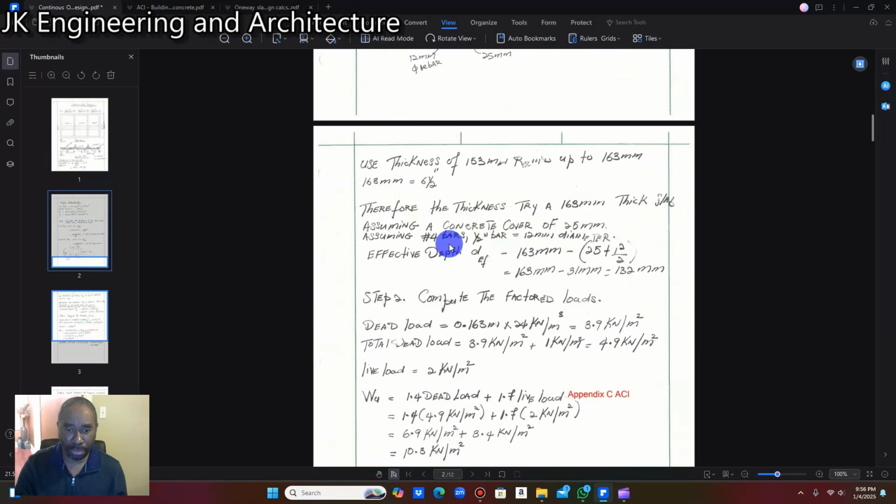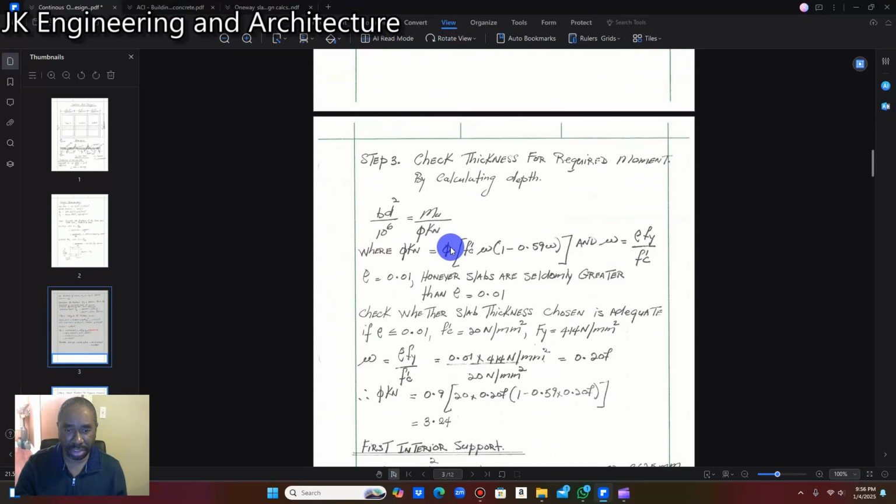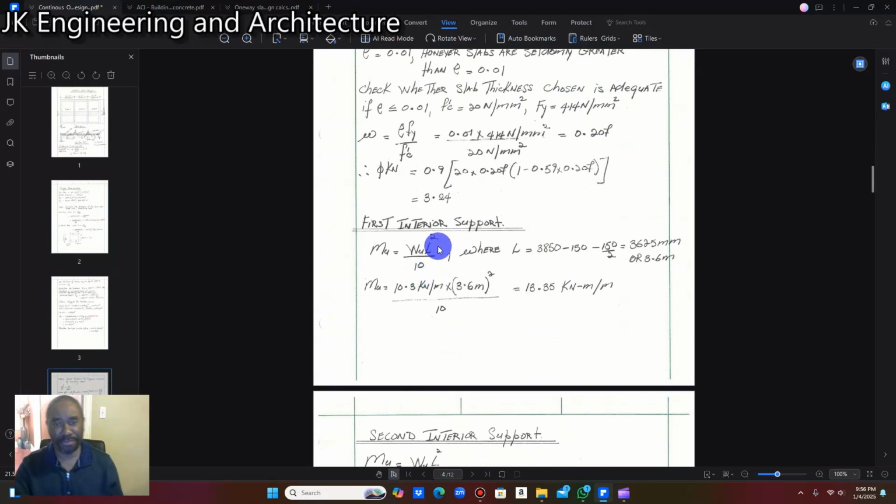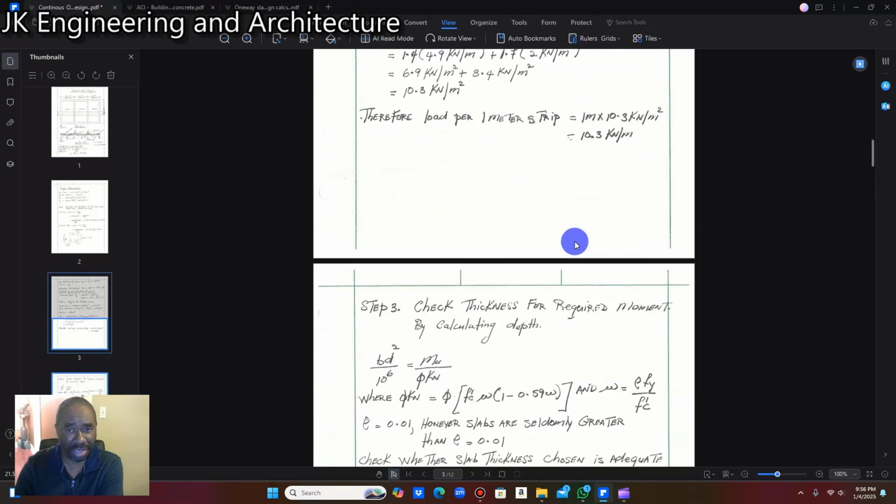So we're going to work out the moment now for our first interior support. The moment is going to be WL squared over 10, where L is going to be 3,800 millimeter minus 150 millimeter minus 150 millimeter divided by 2, and the result is 3,625 millimeters or 3.6 meters. I think I've explained that to you already.